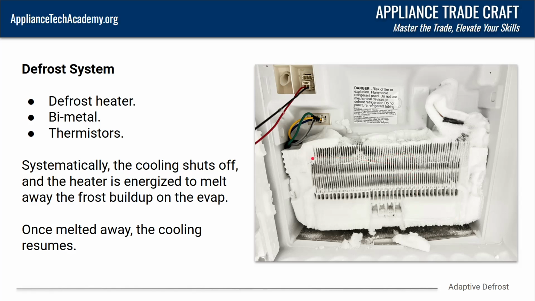Now, one indication in this picture, see how we got the heater around here and all of that's completely frosted up? That's a pretty good indicator that our defrost heater isn't working. Now, if we didn't have any frost here, that was all clear, and we just had this section up here where the suction line and the cap tube are coming in and they were frosted up, that'd be kind of pointing you towards more of a sealed system issue rather than a defrost issue.